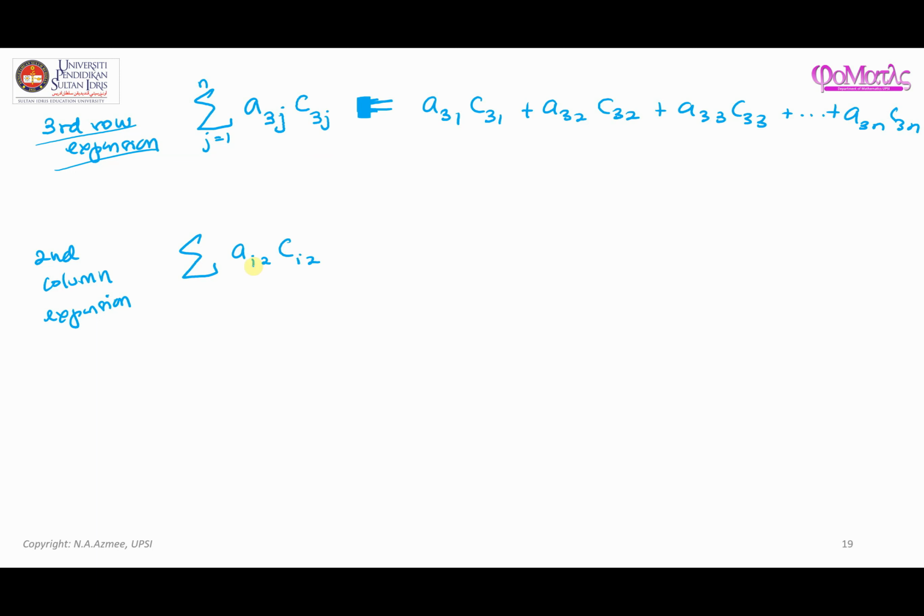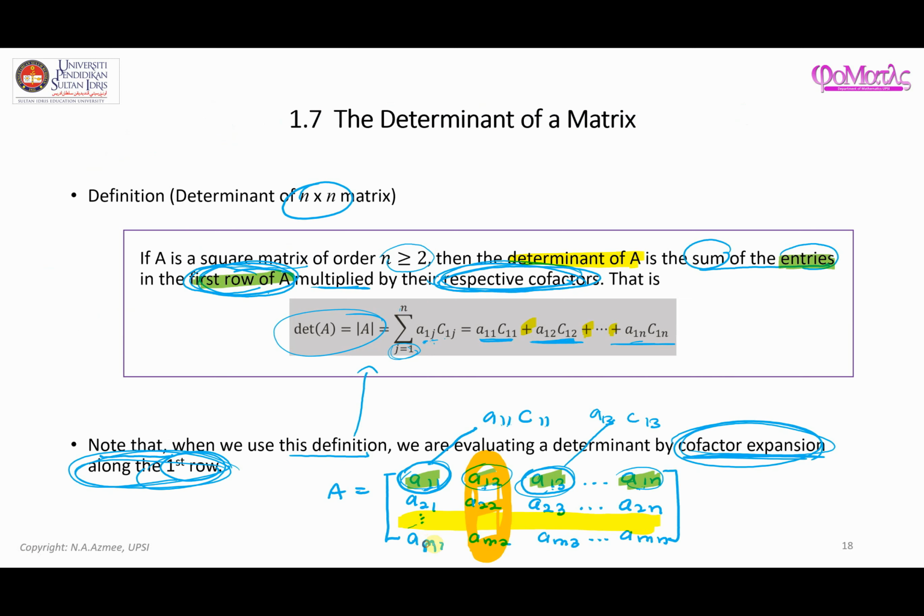Instead of j, where you change the column, here you change the row. So i goes from 1 until n, because this is a square matrix. Sorry, the matrix here should be n by n, a square matrix.